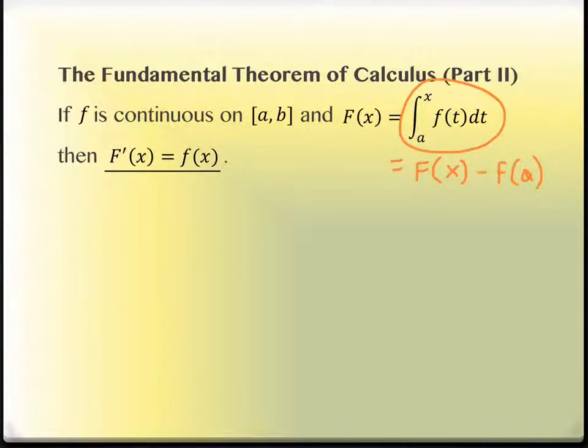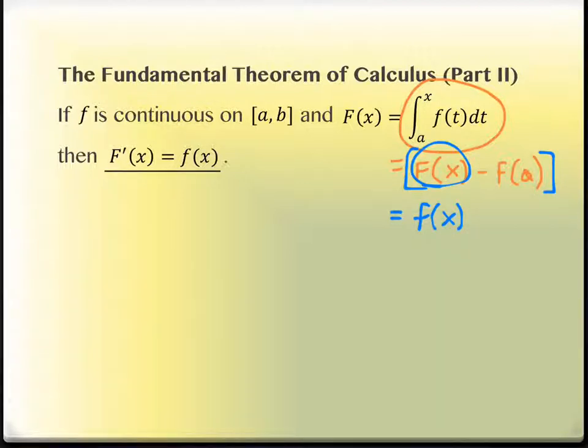What happens if I take the derivative of both of these? Well, the derivative of this is just little f of x. That's where it came from to begin with. What's the derivative of f of a? 0. It's just a number, right? I plug a number into my function, I get a number. Take a derivative of a number and it's 0. So that's why it looks like it goes away. It's constant.